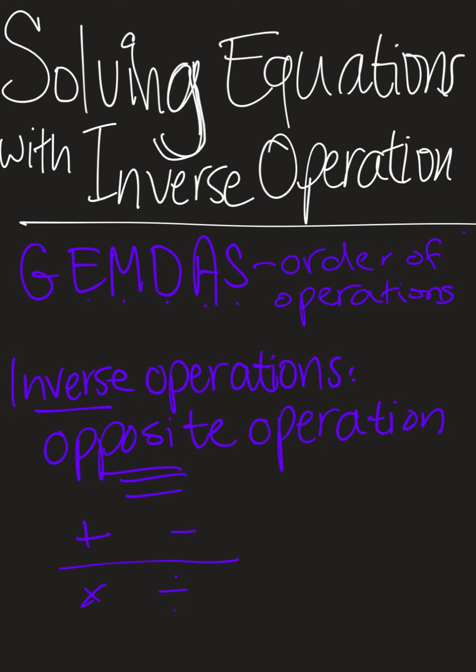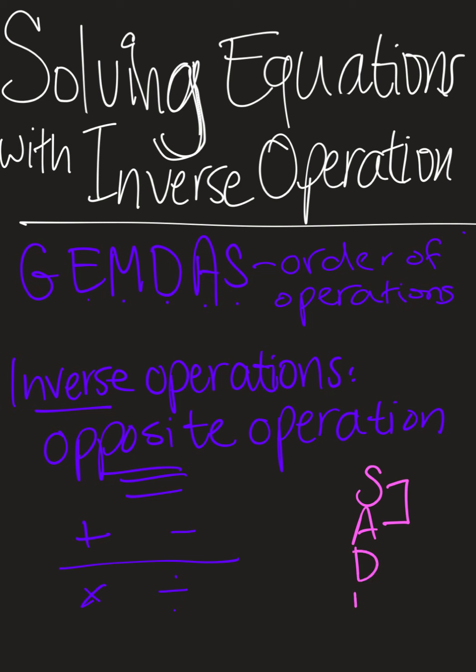In 8th grade, you'll talk about the opposite of your exponent rules, as well as what to do when you have grouping symbols involved in your equations, all right? So our order of operations is going to be a little bit different as well. Our order of operations when we are solving equations is going to be, instead of GEMDAS, we have SA for subtraction then addition. Those are kind of together.